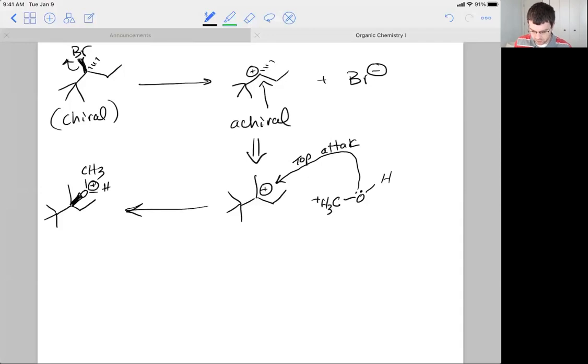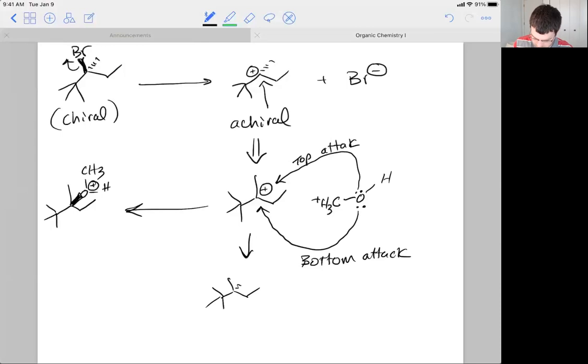To give this molecule with a wedge. I don't know what else is a dash, but it doesn't matter because we could also have bottom attack. If you want to think about it as backside attack, that's fine. It's all inconsequential because both of these approaches to attacking the carbocation are going to give rise to intermediates that are enantiomeric, one has a wedge and one has a dash.